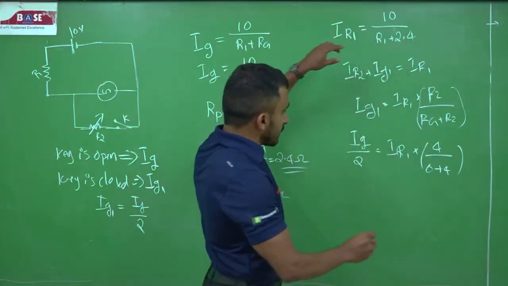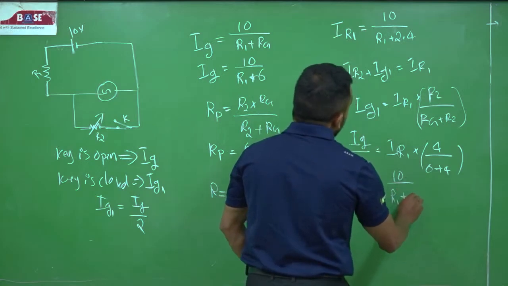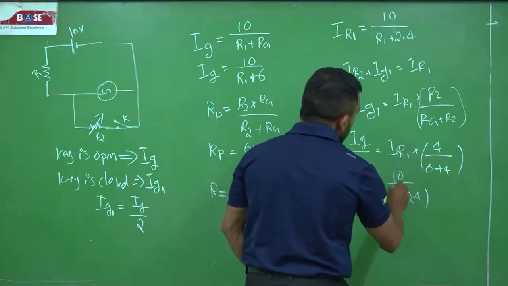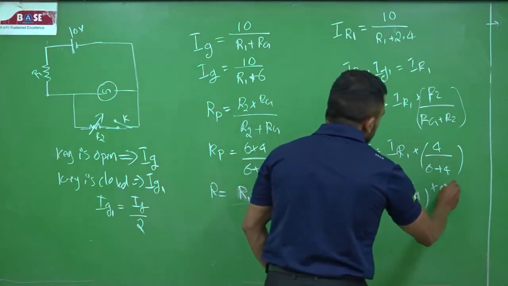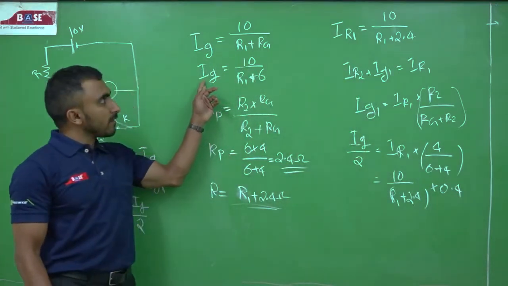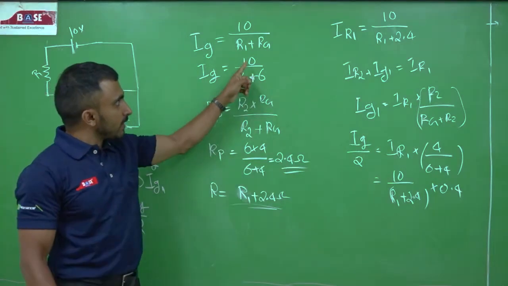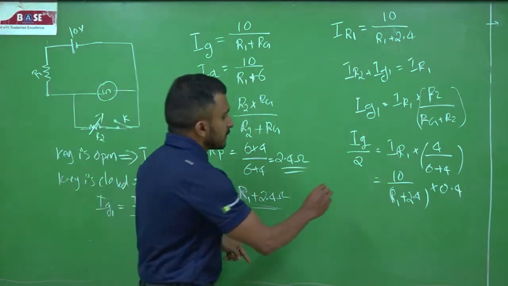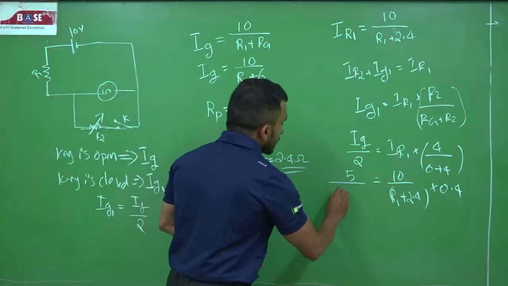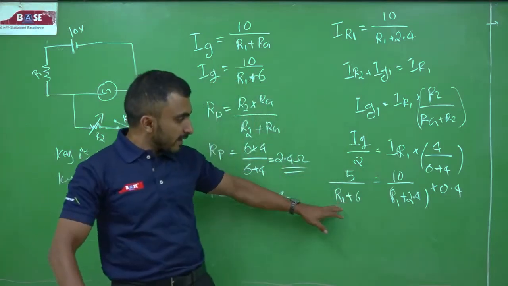IR1 we already have, that equals 10 divided by R1 plus 2.4, into 0.4, and that is equal to Ig by 2. Ig we already have: Ig is 10 by R1 plus 6. If I divide it by 2, this becomes 5 divided by R1 plus 6. If I solve this, I will get R1.